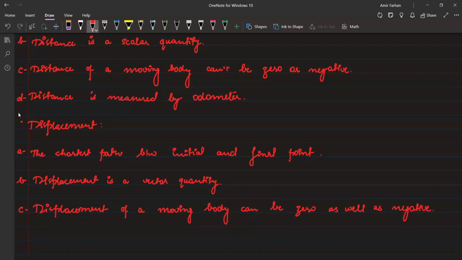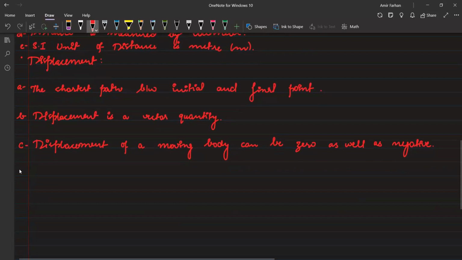I just forgot to mention one thing: the SI unit. SI means international unit. The SI unit of distance is meter. The SI unit is very important to remember. That is m.